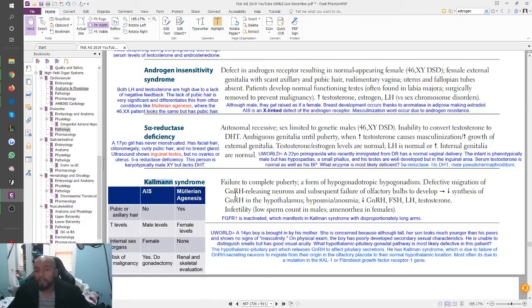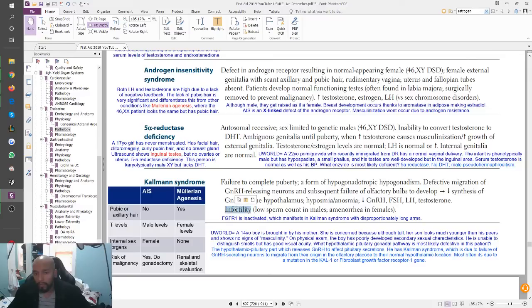Defective migration of gonadotropin releasing hormone releasing neurons, and subsequent failure of olfactory bulbs to develop. So now you have decreased synthesis of GnRH in the hypothalamus, and you have anosmia, an inability to smell things. These patients are going to have low everything: GnRH, FSH, LH, and testosterone.